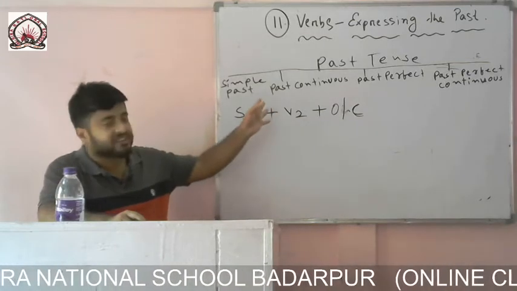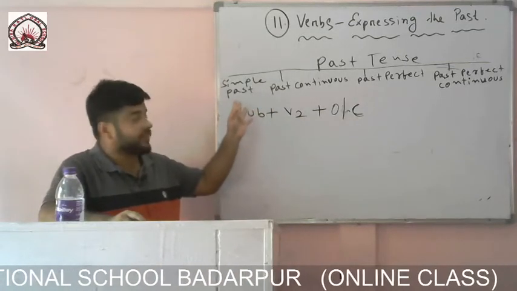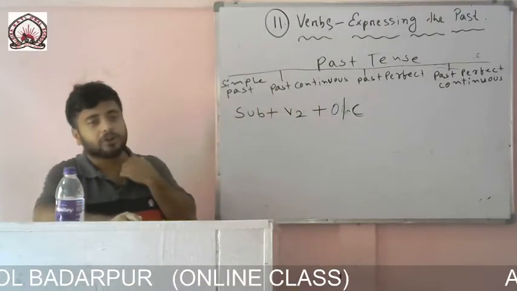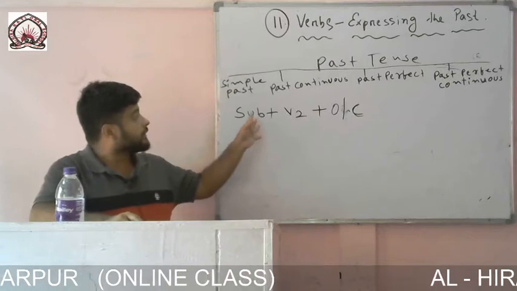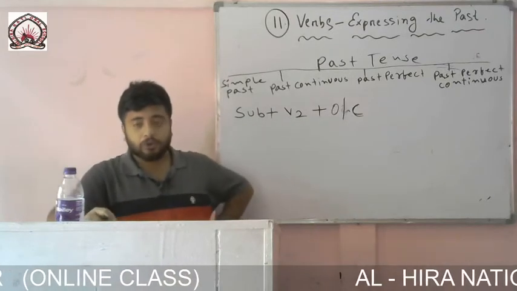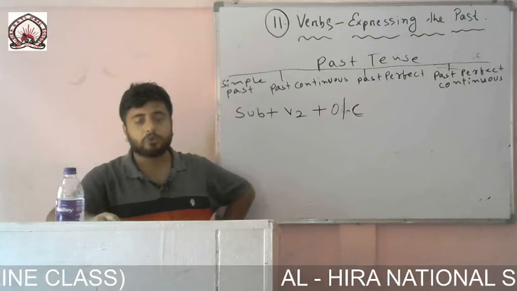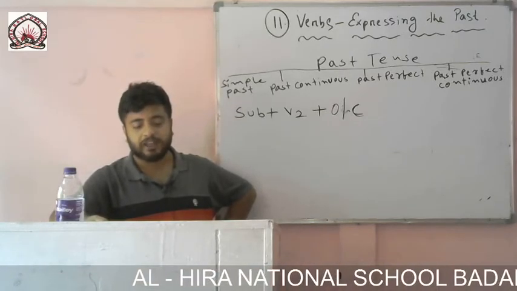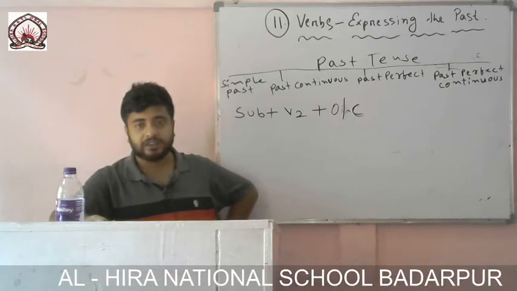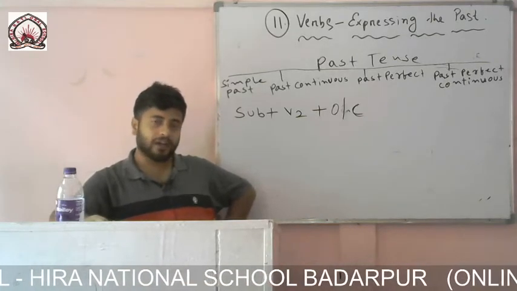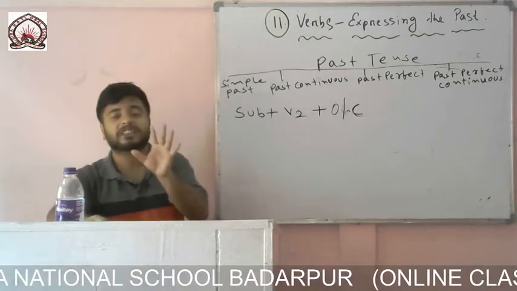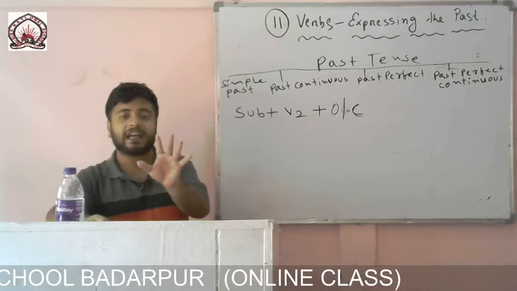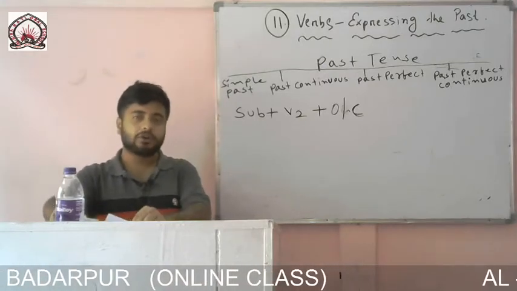Likewise, past tense is also divided into four parts, that is simple past, past continuous, past perfect and past perfect continuous. So where to use simple past? We use simple past to express an action which took place in the past time and is over now.